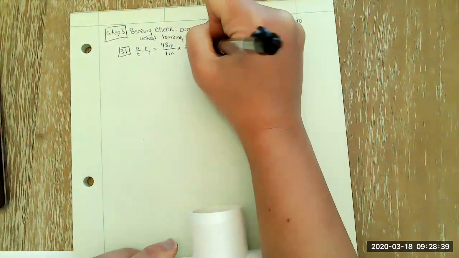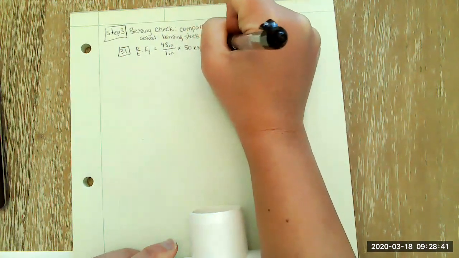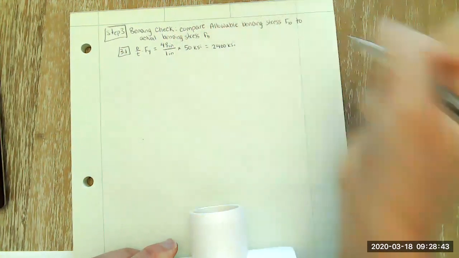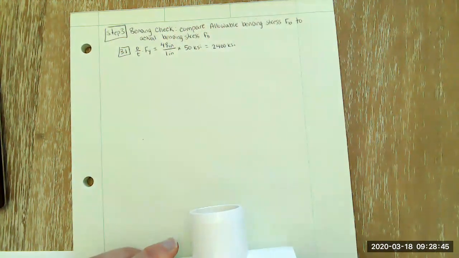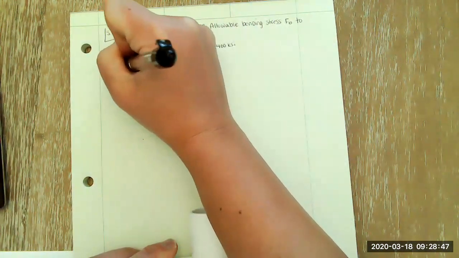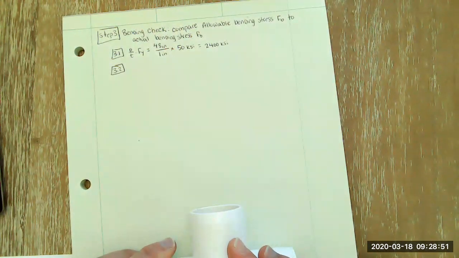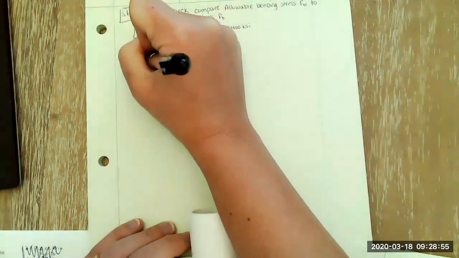So when we calculate that, we have 2,400 KSI. There's 3 scenarios based on this ratio of how we'll calculate our allowable bending stress. So we have 3 options.